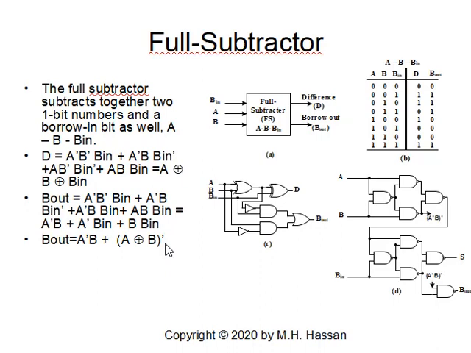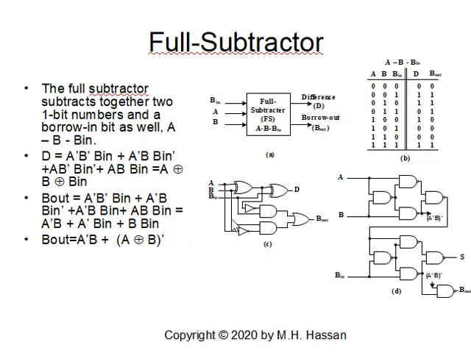We can implement them. We need 2 exclusive ORs to implement D, because D is A exclusive OR B exclusive OR Bn, and we need some gates. We have the exclusive OR of A exclusive OR B, we just need to invert it.